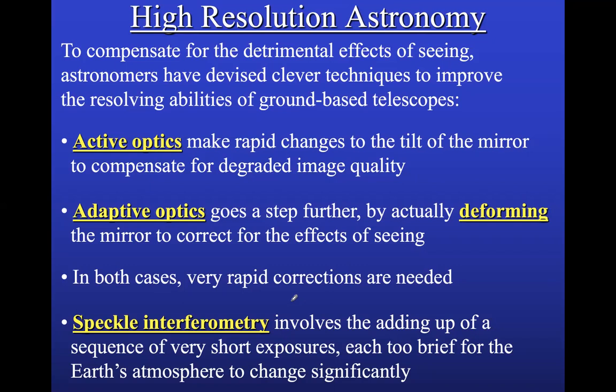You take images very quickly and then add all these together, so you don't give the atmosphere much time to make changes and have that effect in your images, right? Those are the three main techniques that astronomers and the astronomy instrumentation field use to avoid or correct for this atmospheric seeing effect.